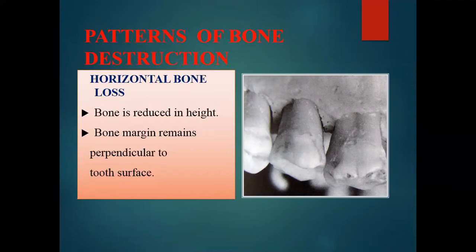When the bone destruction is uniform, the bone is reduced in height and the bone margin remains perpendicular to the tooth. You can see the bone loss happened here, and it is uniform. So when the bone loss is perpendicular to the tooth, it is called horizontal bone loss.